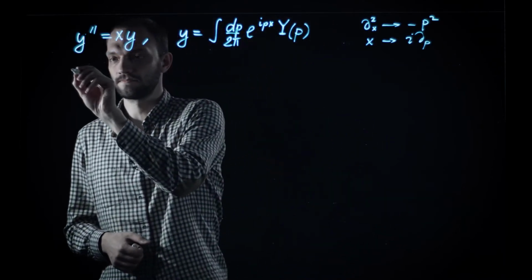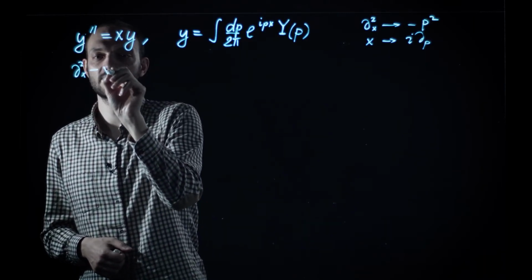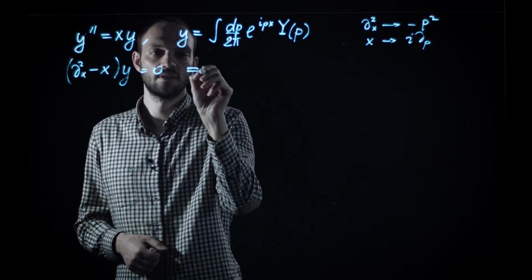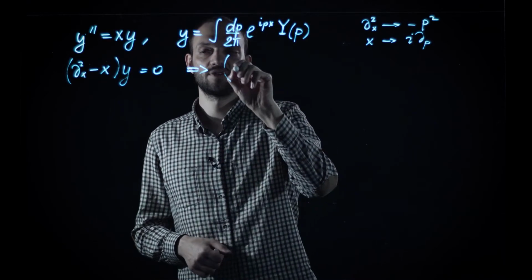So as a result, the equation for y small in the x domain becomes the equation for y capital in the momentum domain, which reads as follows.